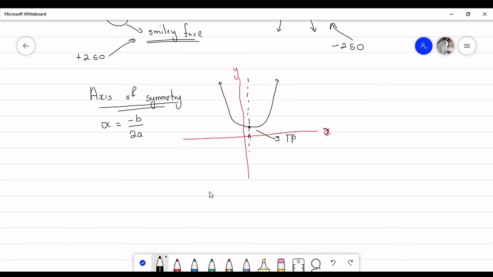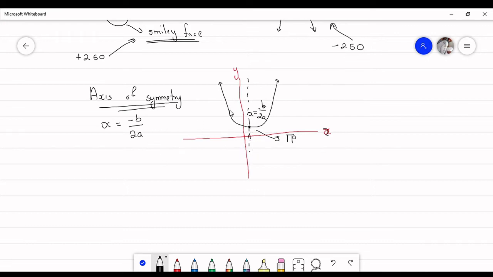If it cuts our x axis, that means here we have an x coordinate which is equal to negative b over 2a. That x-axis coordinate, we call our axis of symmetry.